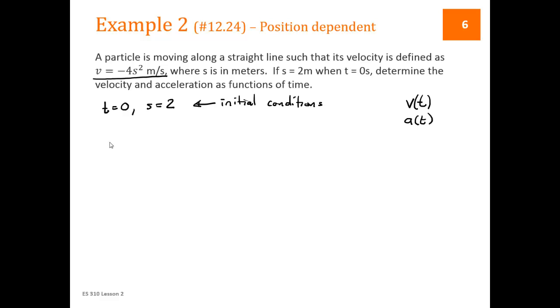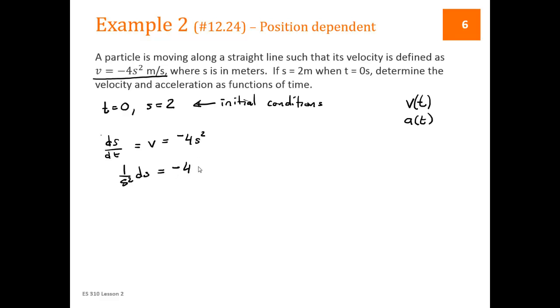Let's start from this definition, right? ds dt is equal to v, which is equal to -4s squared. All right? So now if we integrate both sides here, well, let's look at this. We have s on both sides, so let's move it around so all the s's are on one side. So we have 1 over s squared ds, and we'll put the dt on the other side.